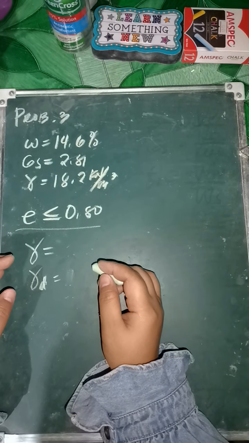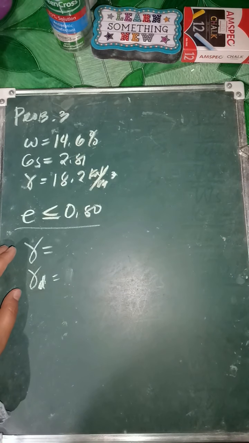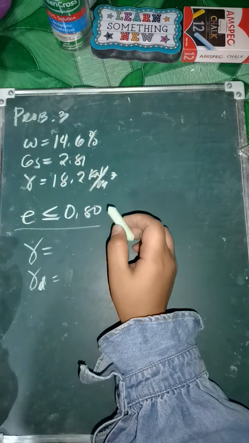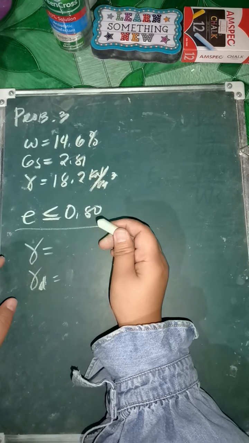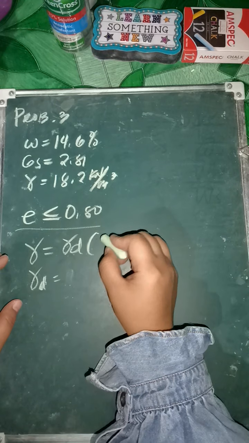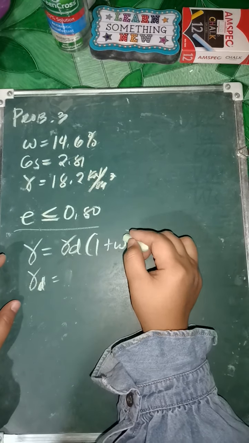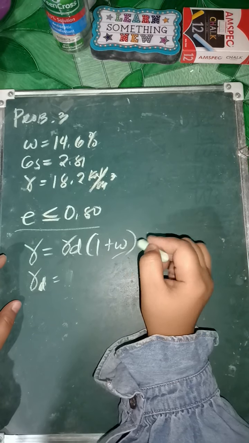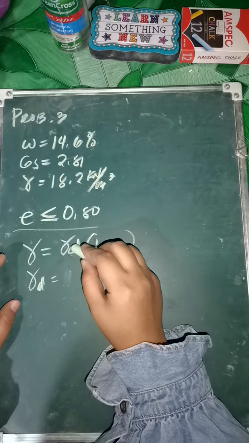So for the unit weight of the soil, we have the equation such as the unit weight dry multiplied by 1 plus the moisture content. So we have here the moisture content, but we do not have a value for the unit weight dry.